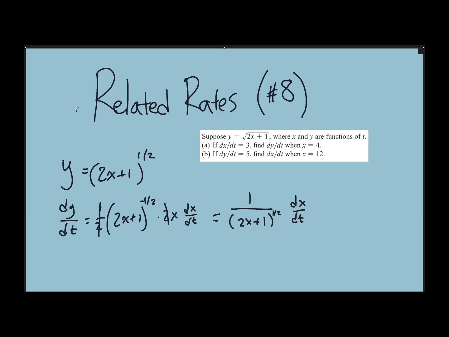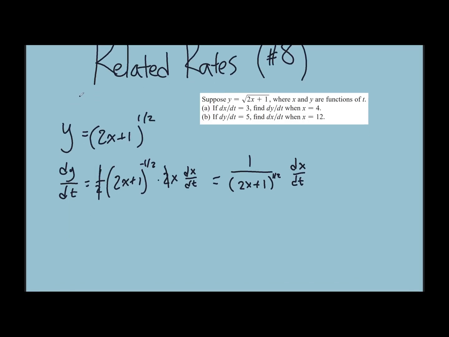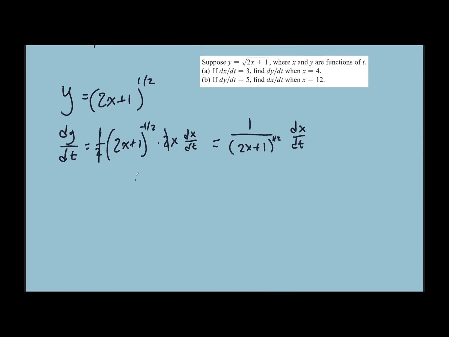And so how does this compare when we have the dy/dx? I feel like we already know some of this because it says dx/dt equals 3. So let's write this out. Let's clean this up. dy/dt equals 1 over, I'll even write the square root for you, square root of 2x + 1, times dx/dt. And they give us dx/dt is 3, and they give us that x equals 4.